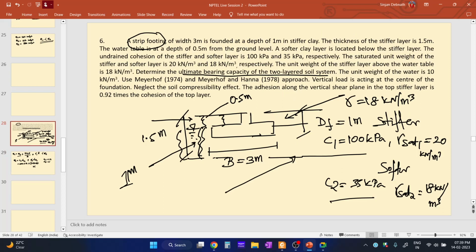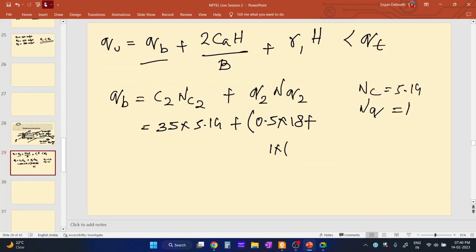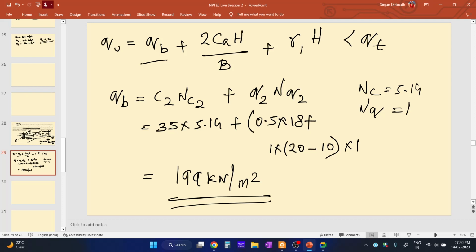And what is the submerged unit weight? The gamma sat is 20 and the unit weight of water is 10. Okay, and Nq2, what is Nq2? It is 1. Fine. So now if you solve this, you will get qb equal to 199 kilonewton per meter square. It is the bearing capacity of the bottom layer.